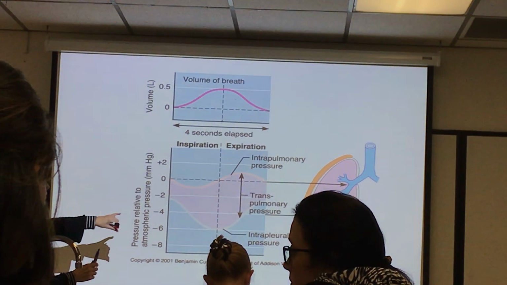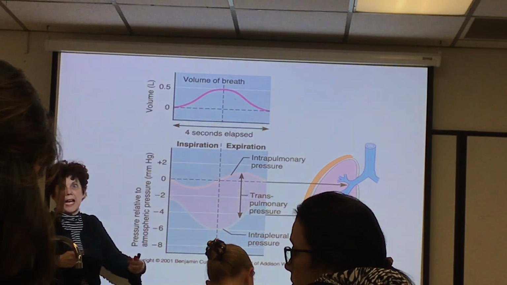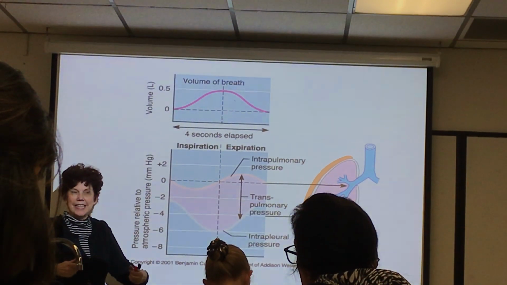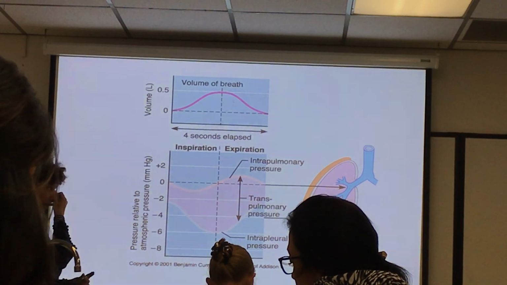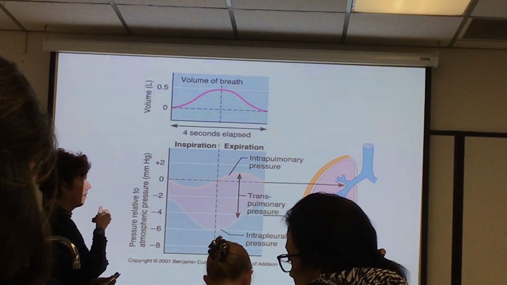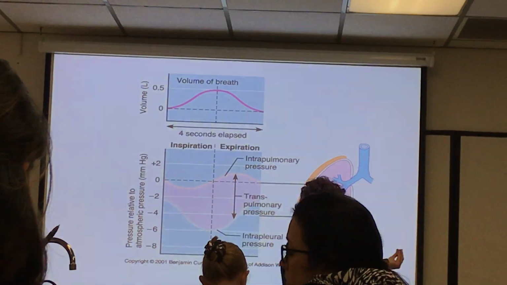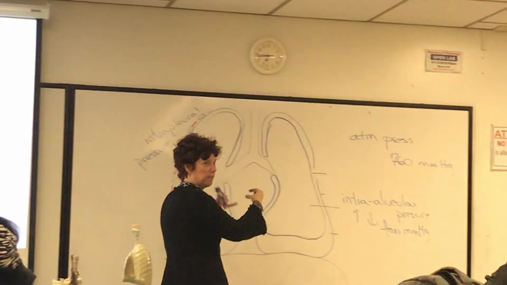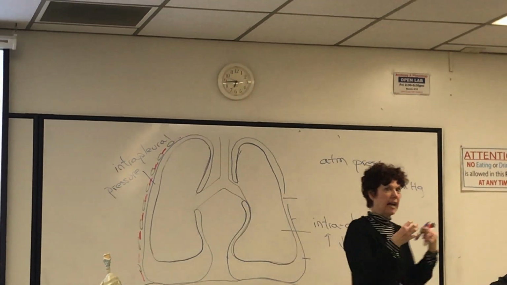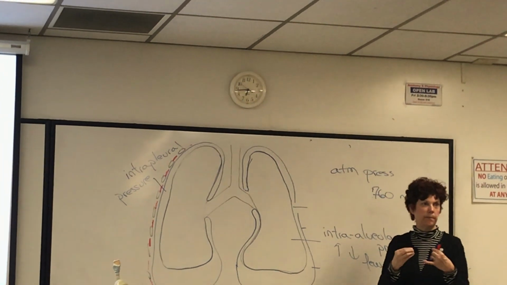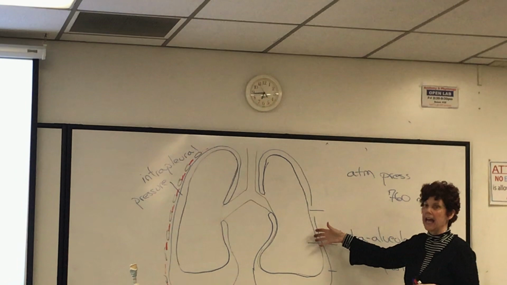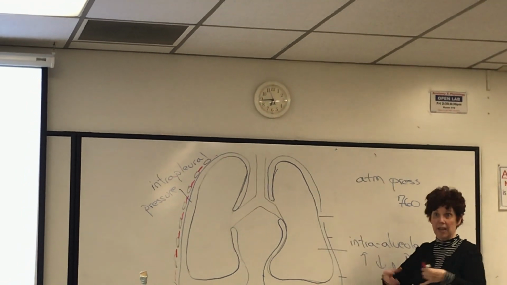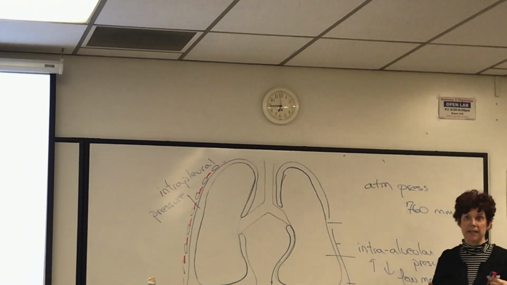And the intrapleural pressure is less than alveolar, so it's going to help to keep the lungs expanded, in kind of a negative sucking force. Okay? So we have the surface tension, the intermolecular water hydrogen bonds between the visceral pleura and the parietal pleura, keeping the lung expanded. And now we have that negative intrapleural pressure helping to keep the lung expanded as well.